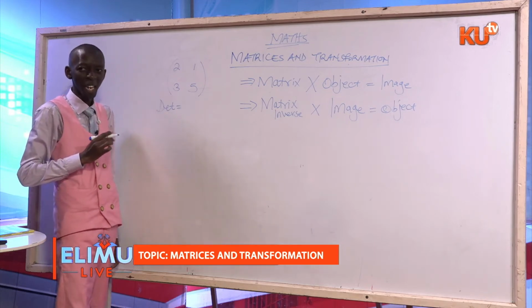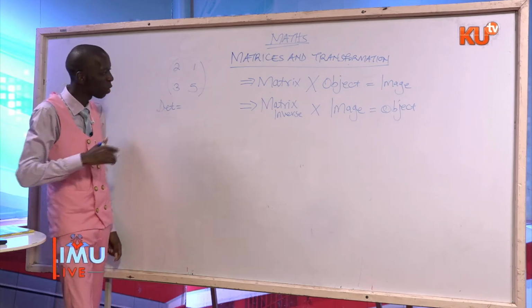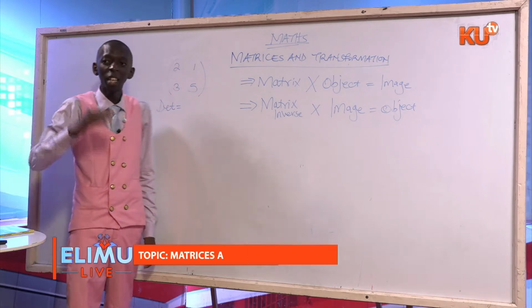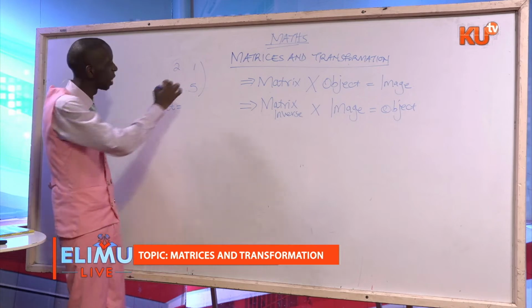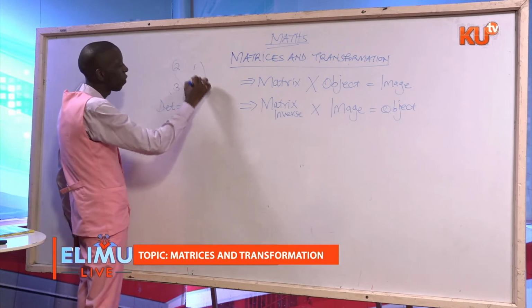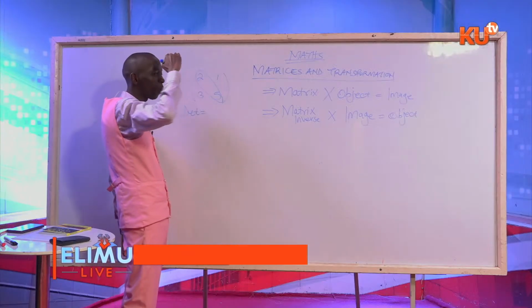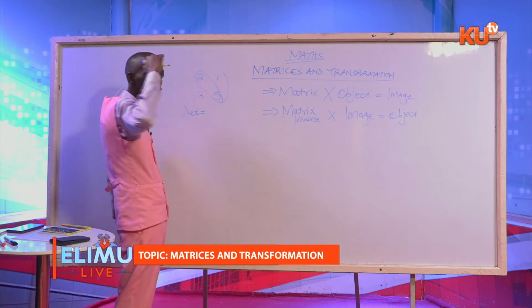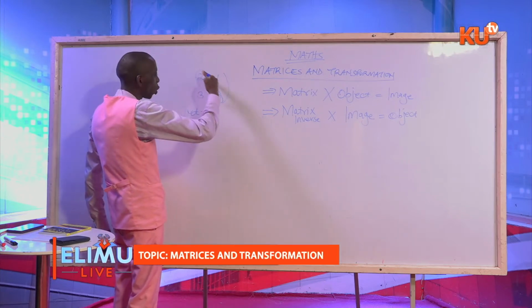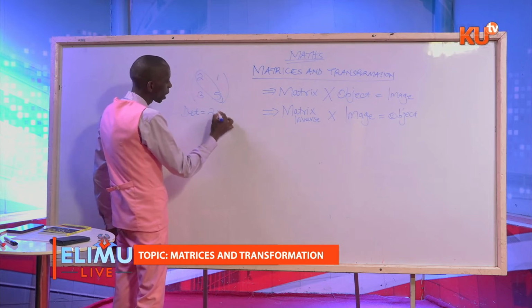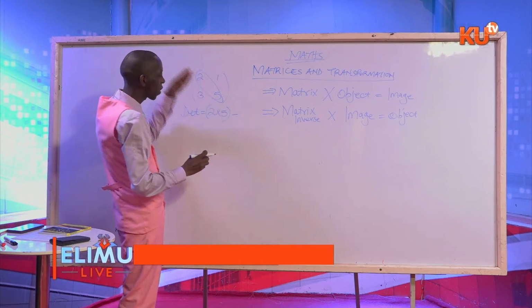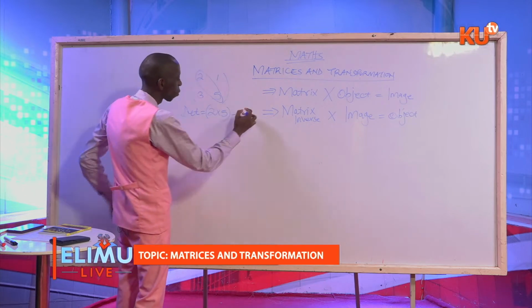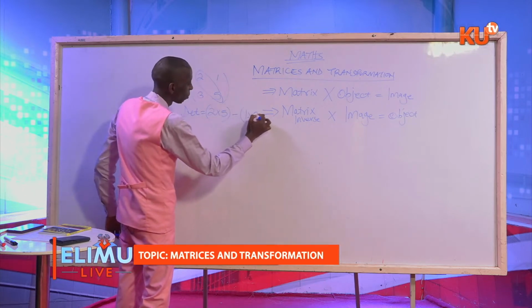The determinant is given by the right-hand salute, that is 2 times 5, minus the left-hand salute, that is 1 times 3.